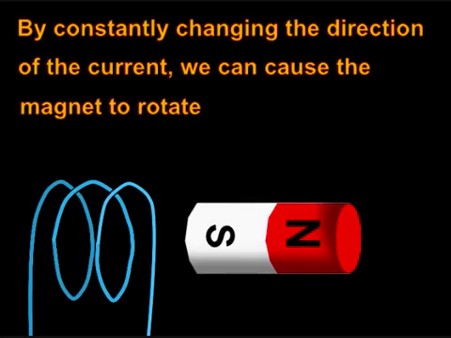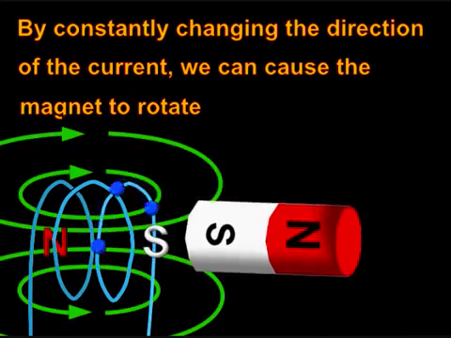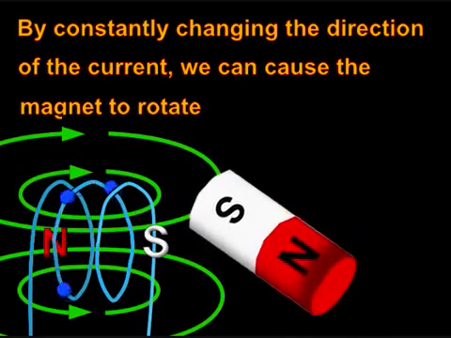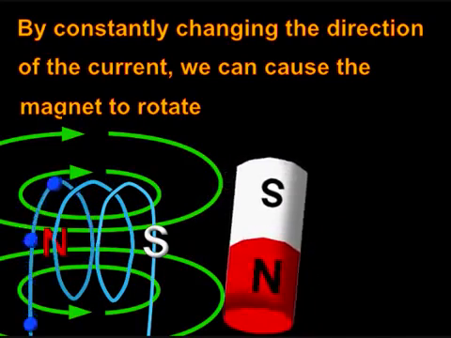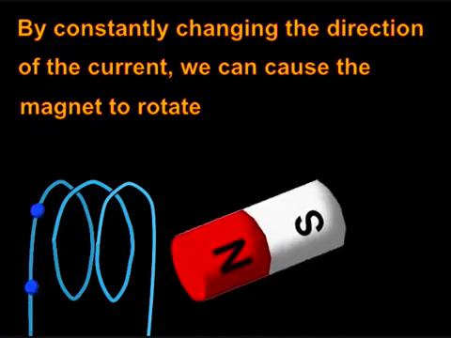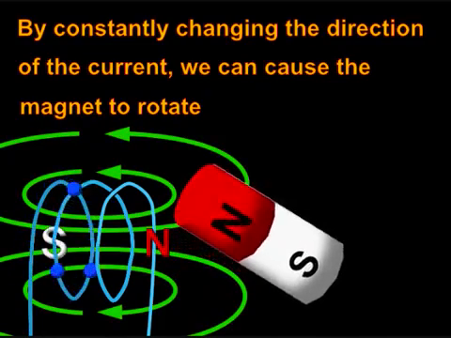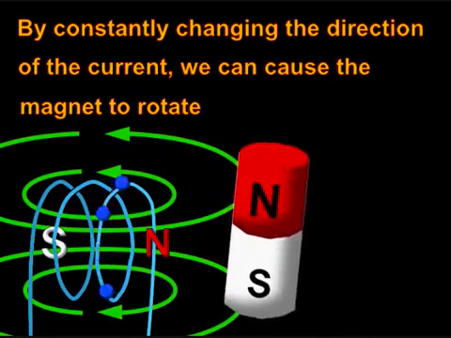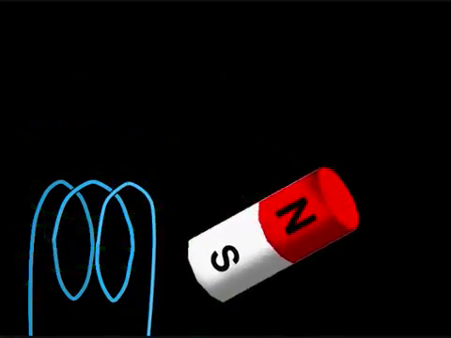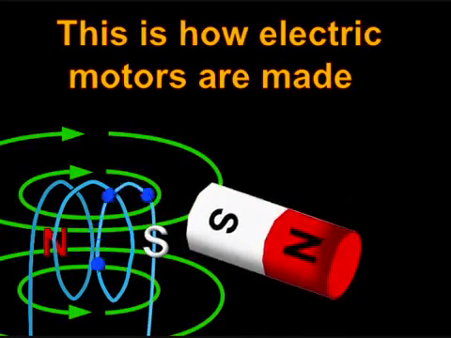By constantly changing the direction of the current, we can cause the magnet to rotate. This is how electric motors are made.